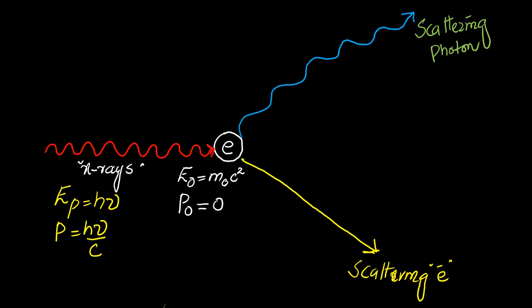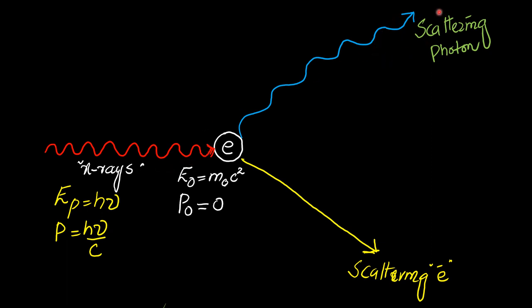Now when X-rays are incident on the electron, these X-rays cause the scattering of the photon. The scattered photon will have a different energy than the incident X-ray photon.